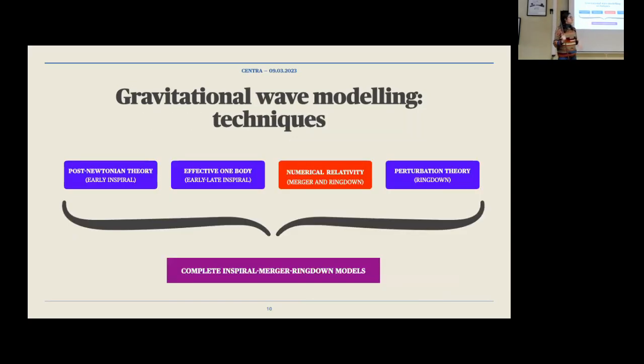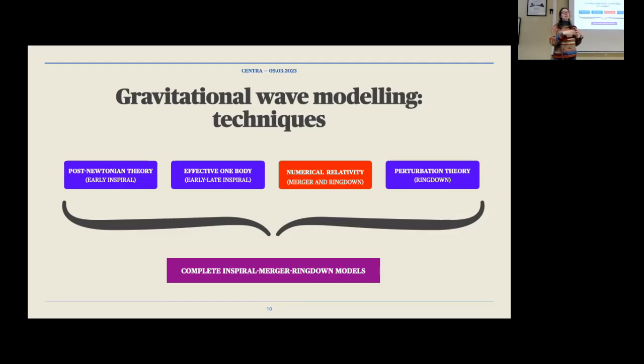So in order to build our gravitational wave models, we use a number of different techniques. The analytic ones are in blue and the numerical technique in red here. First and foremost, we have post-Newtonian theory, which is a perturbative approach where you have the gravitational waves treated as a perturbation on the flat space-time.